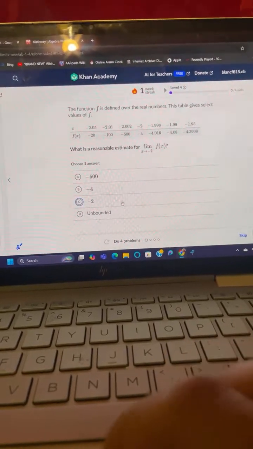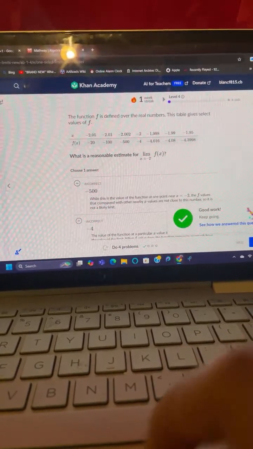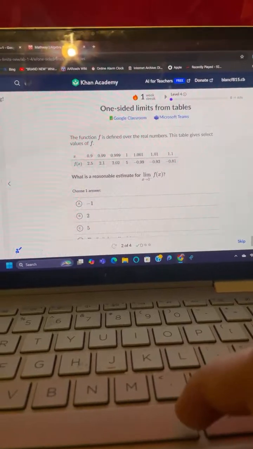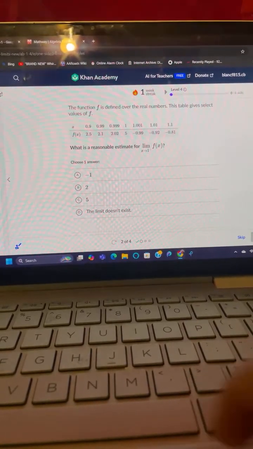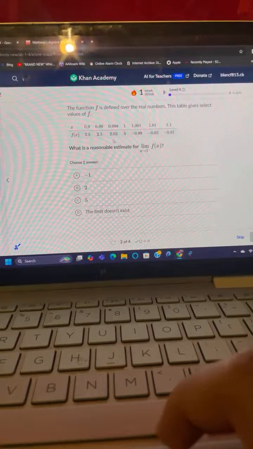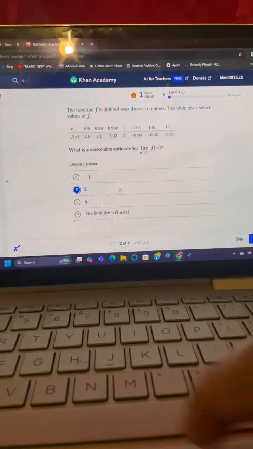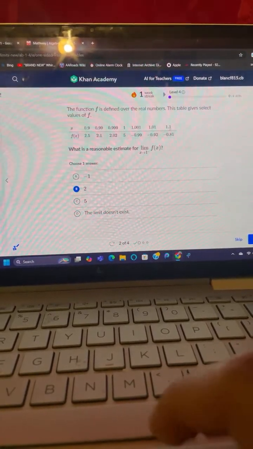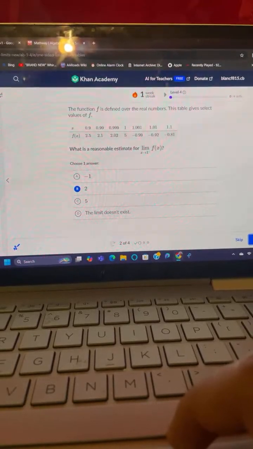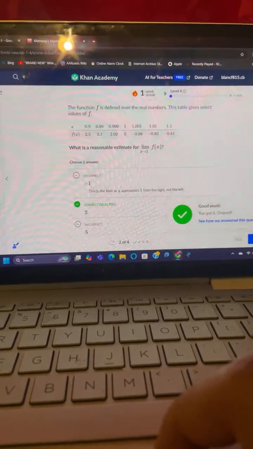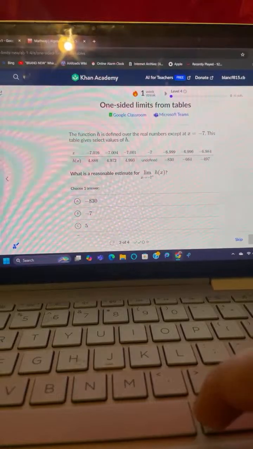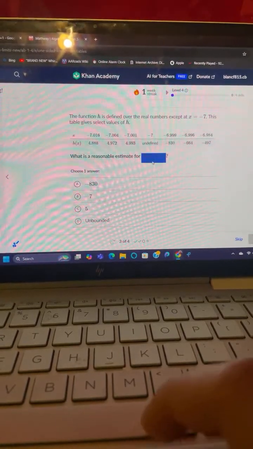Alright, that's unbounded. Got that. From the right side, it's approaching 2. From the left, it's approaching -1. That's the right side.